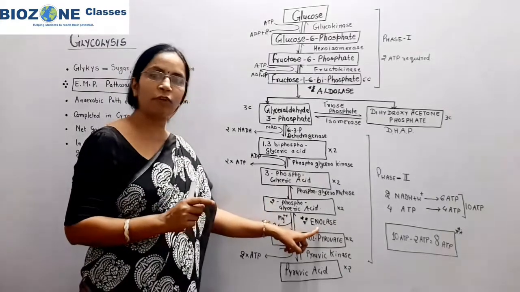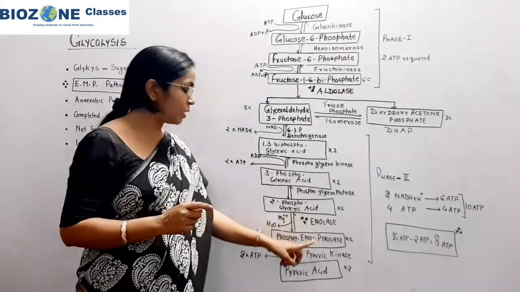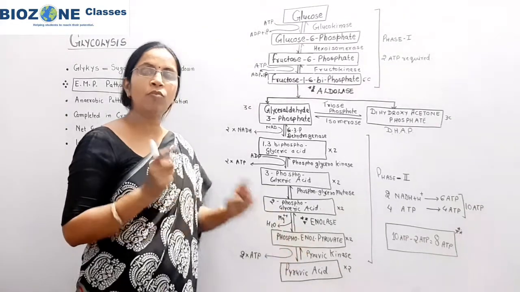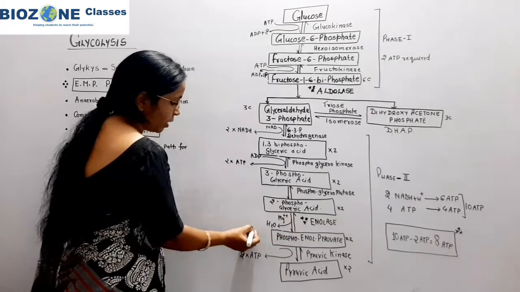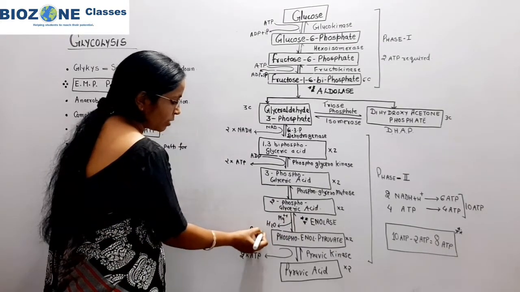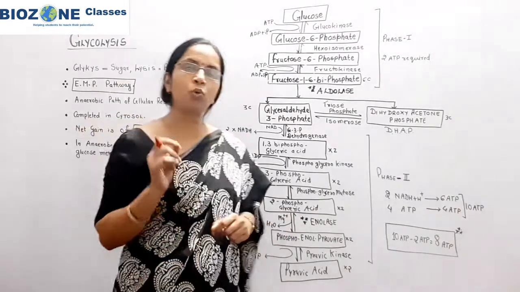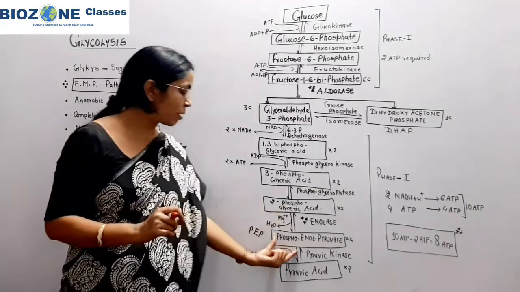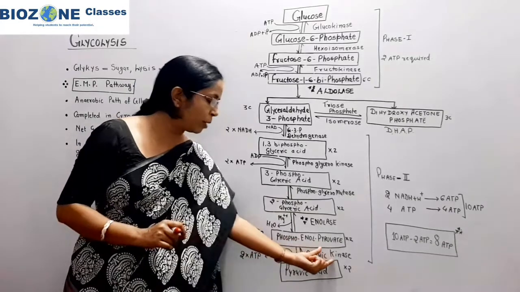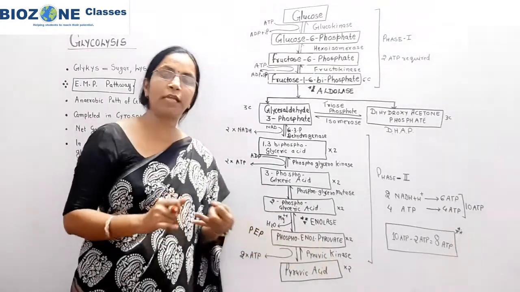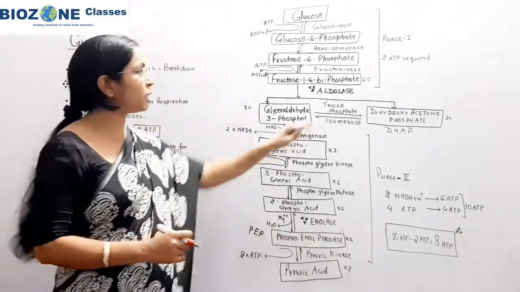Now due to the activity of enolase, the 2-phosphoglyceric acid gets converted into phosphoenol pyruvate, simply written as PEP. And this is again important, so remember 3 enzymes for glycolysis.